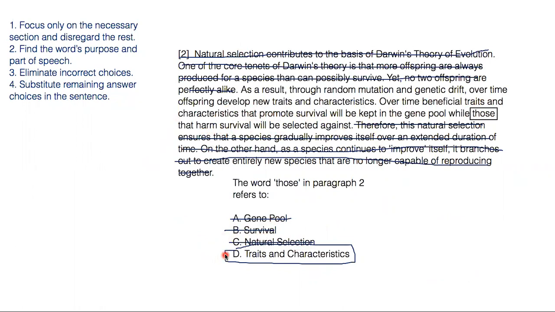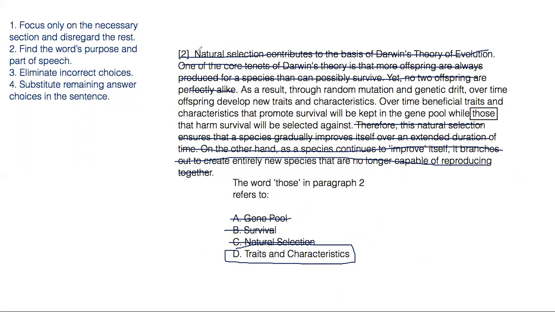Let's try our tentative answer choice, traits and characteristics. "Over time, beneficial traits and characteristics that promote survival will be kept in the gene pool, while traits and characteristics that harm survival will be selected against." So there you go. We have been able to work through and answer our correct choice.